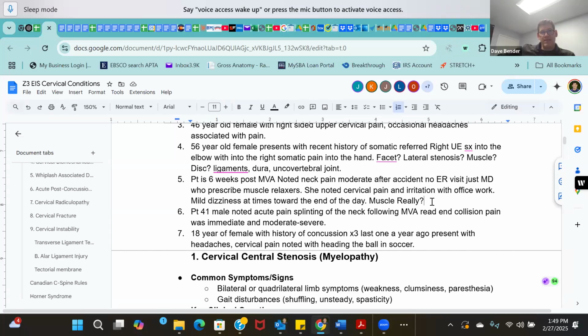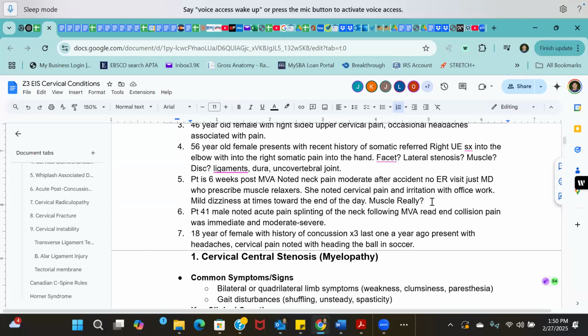What do we need to know more about dizziness? What type of dizziness do you suspect this would be? Non-vertigo related. And how would that patient describe that dizziness?